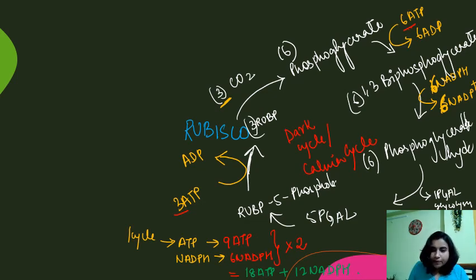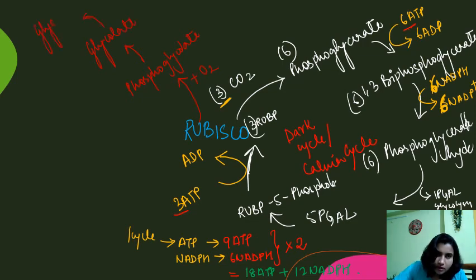Now we will see Rubisco in the case of photorespiration. In photorespiration, Rubisco will react with oxygen and form phosphoglycolate. This phosphoglycolate will form glycolate. Glycolate will form glyoxylate.